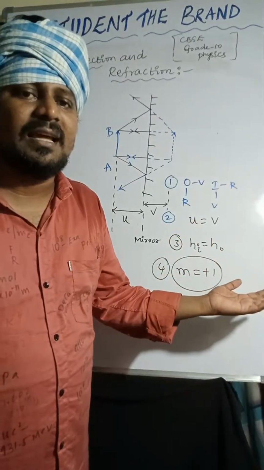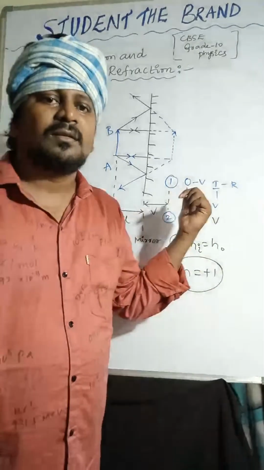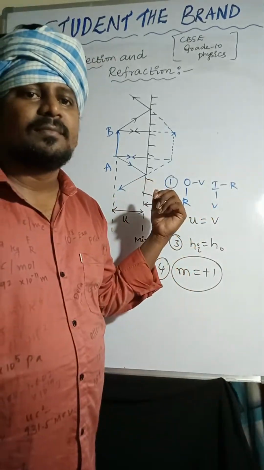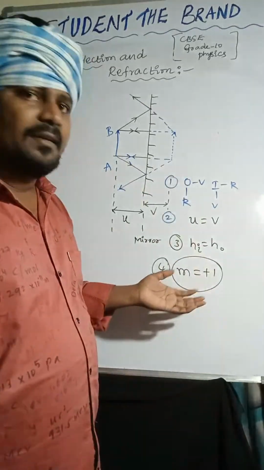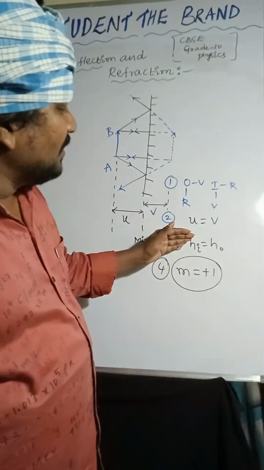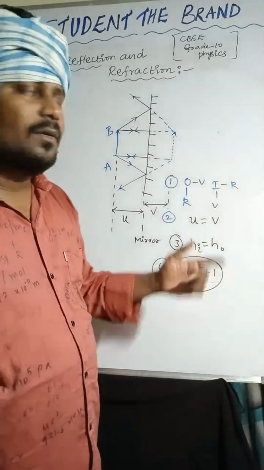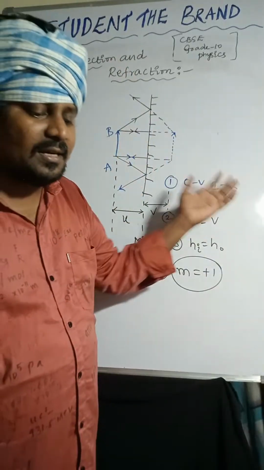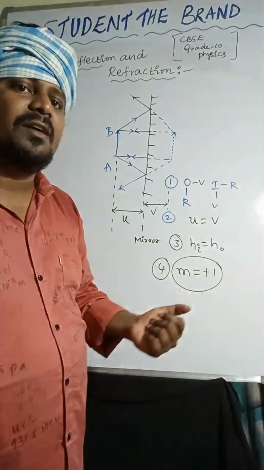How is it possible? Because as I said, the height of the image is equal to the height of the object. Point number 2, virtual, erect, and same size. That's enough. Magnification is height of the image by height of the object.